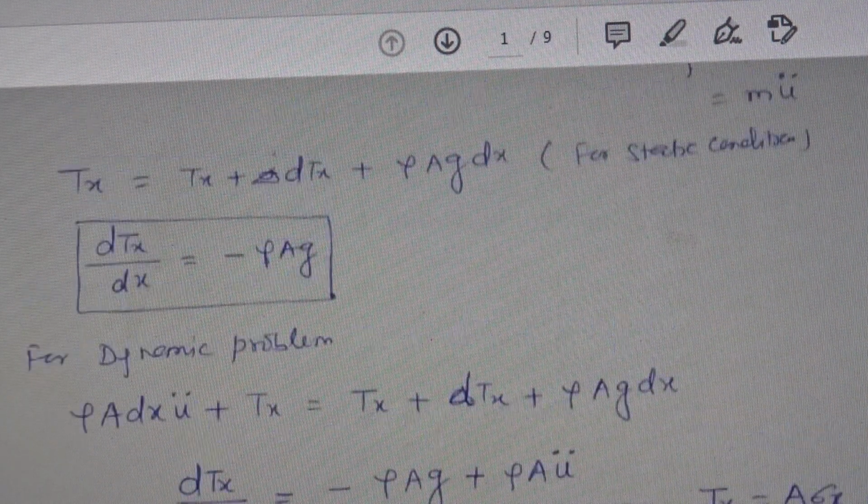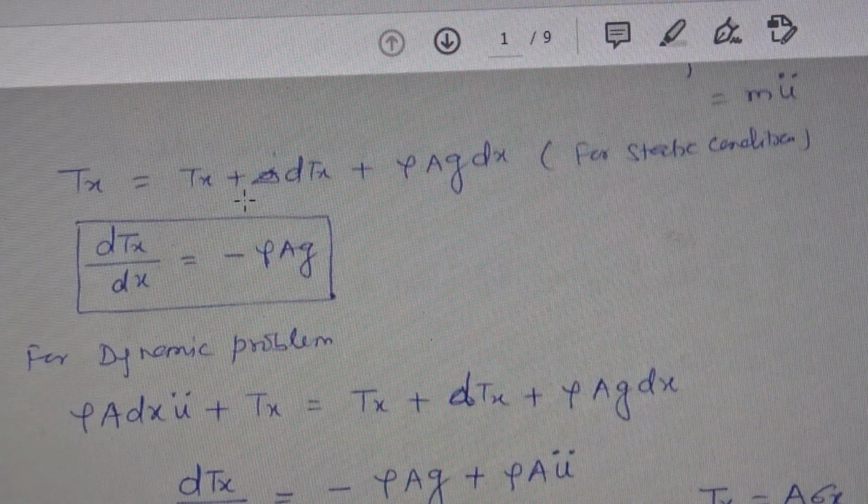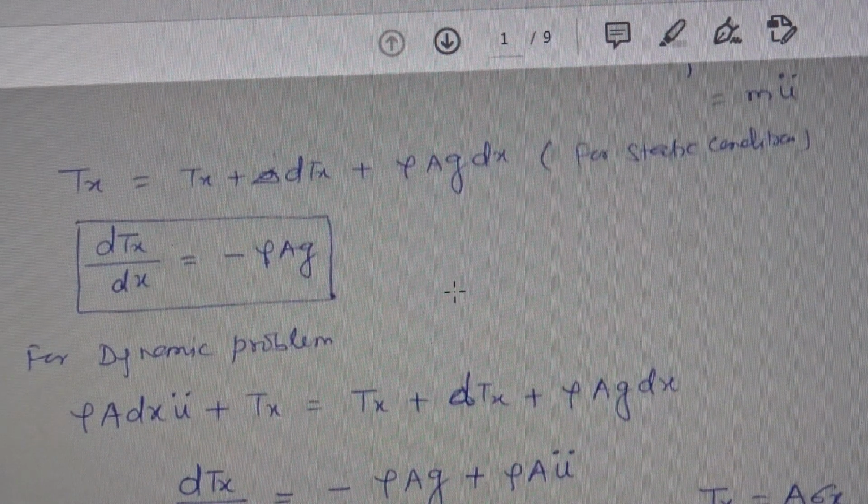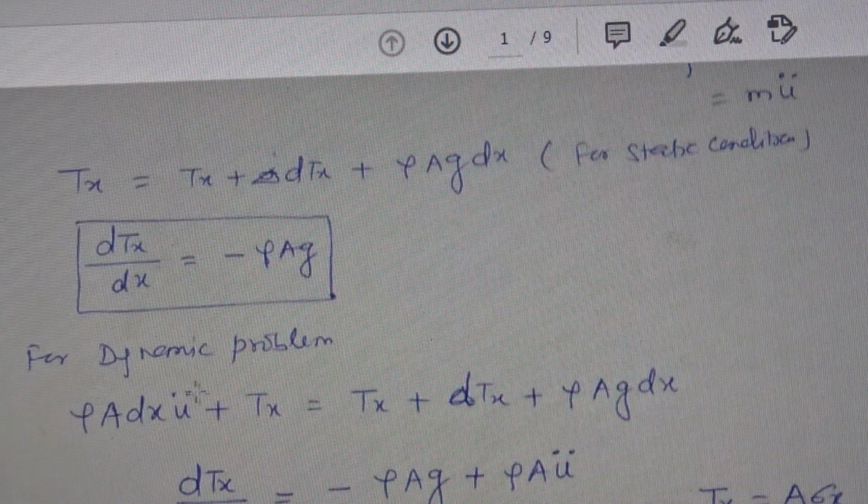Again I explain it. For the static conditions, for the dynamic condition, this extra inertia force is added in the opposite direction.